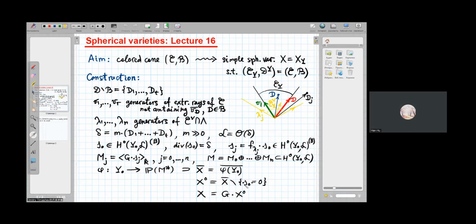So when you remove the hyperplane section, you obtain the affine chart, and the affine coordinates on this affine chart are just projective coordinates, that is basis elements of M divided by S naught. So this space M divided by S naught generates the coordinate algebra of X naught.